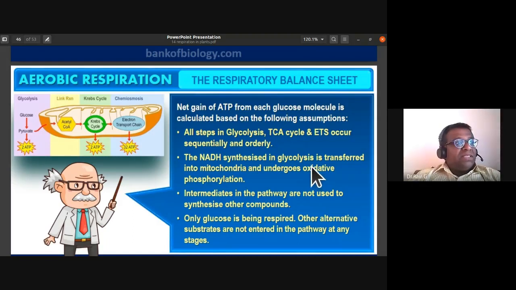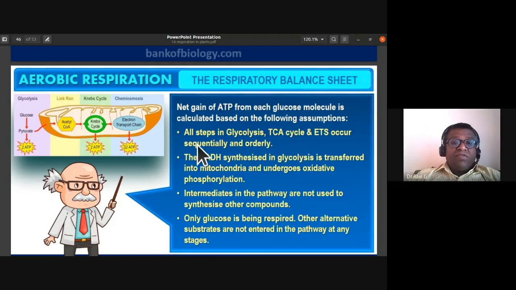We also consider this for the calculation of the net gain of ATP. Only glucose is being respired. Other alternative substrates do not enter the pathway at any stage. So we make these assumptions whenever we are calculating the respiratory balance sheet.